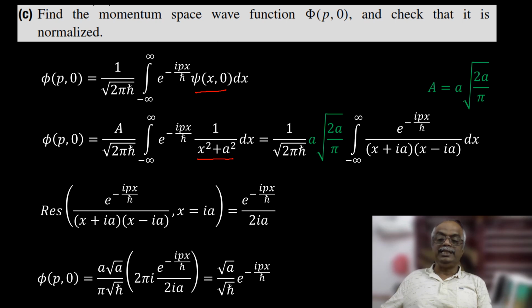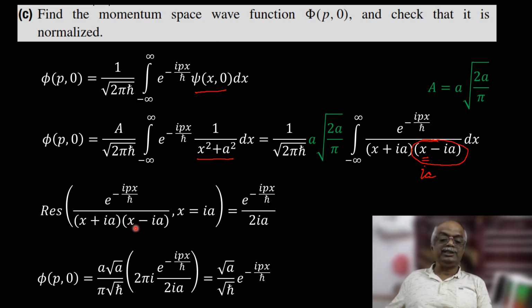Here you can see when x is equal to ia, this term will become 0. So this is a residue, and you can ignore this term. Then what is the residue? The residue is e power minus i px over h cross, divided by x plus ia.